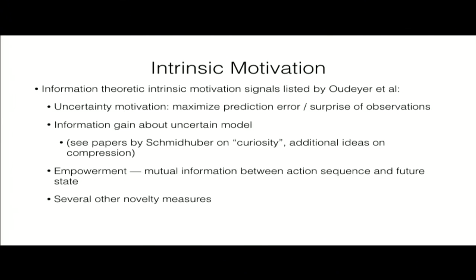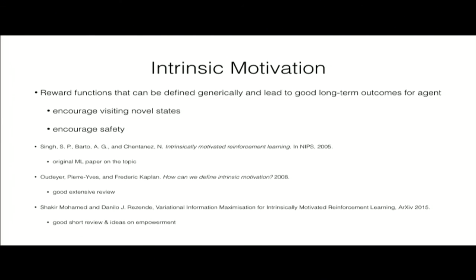So there's been some papers on that. And exploration bonuses are one kind of intrinsic reward. But intrinsic rewards aren't specific to providing bonuses for reaching novel states. They can also try to make the agent more conservative to avoid novel states.